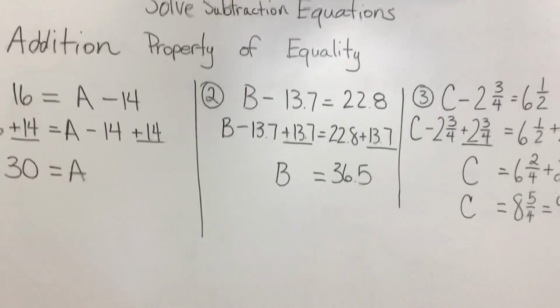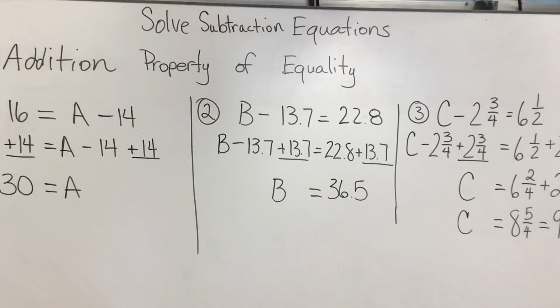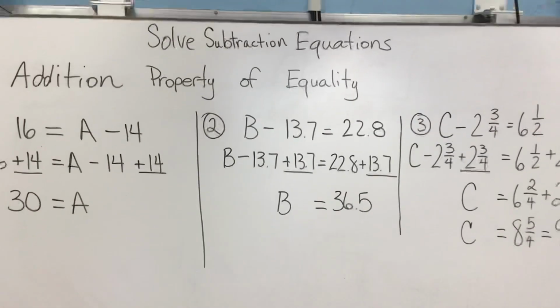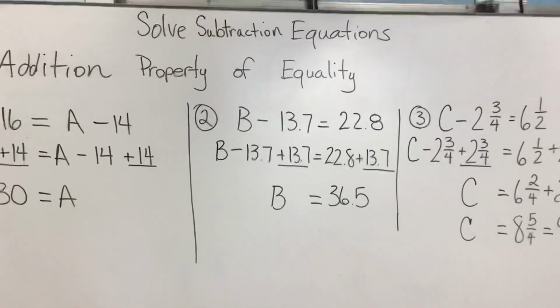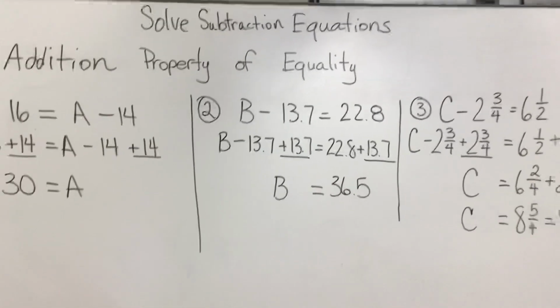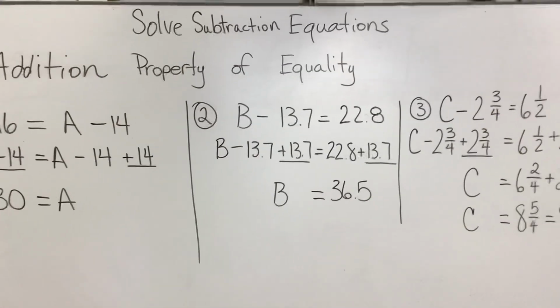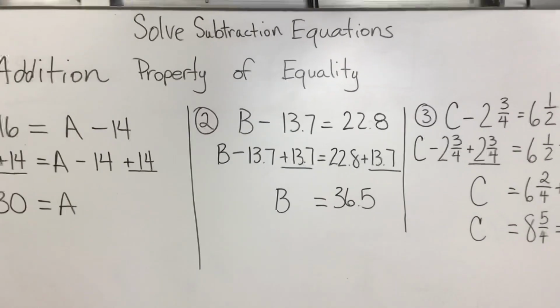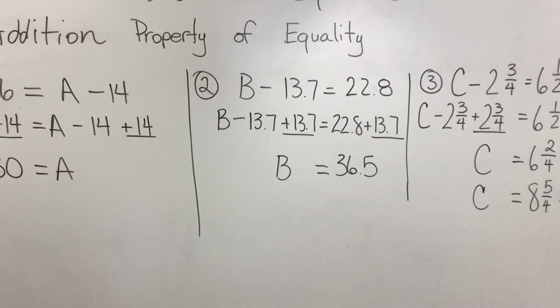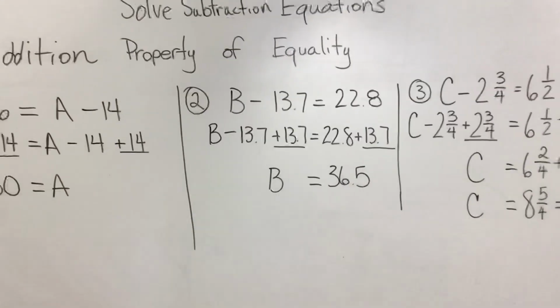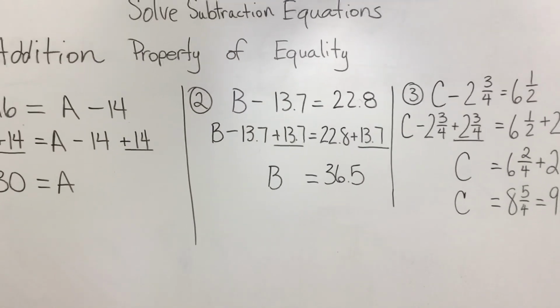I'm able to isolate the letter b on one side of the equation when I add 13.7 to negative 13.7, or the opposites. And on the right side of the equation, I get 22.8 plus 13.7, and that is going to give me 36.5. So my answer to the second equation is b equals 36.5.